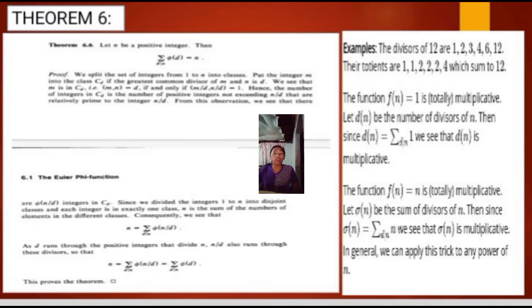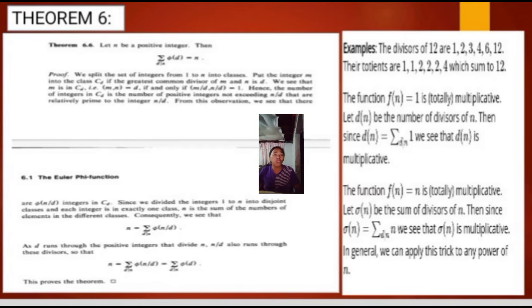And now we are at theorem 6. Let n be a positive integer. Then the summation of phi of d over all divisors d of n is equal to n. Before we discuss the proof, let's have an example. Let's say we have the number 12.